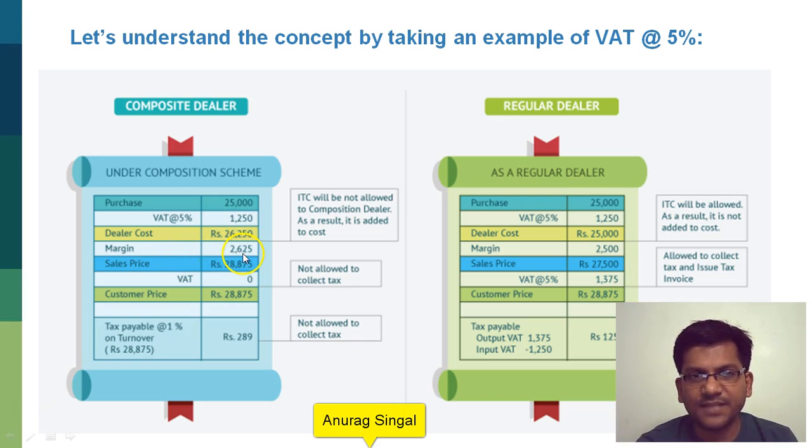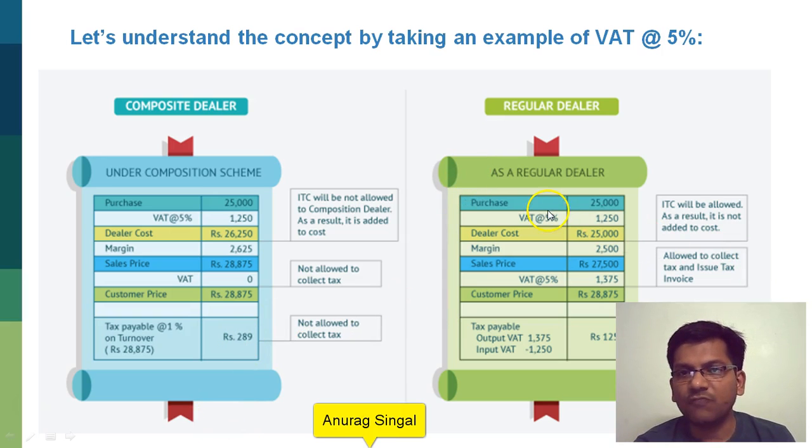He keeps a 10% margin on this. His sales price is 28,875. He charges no VAT. He is not allowed to collect tax, and he collects from the customer 28,875, nothing on behalf of the tax payable. And what is the tax he has to pay to the government? Whatever is his turnover, 1% of that.